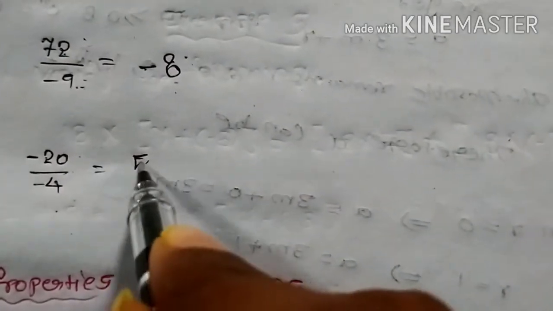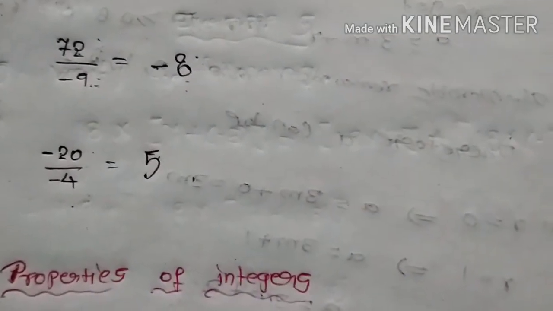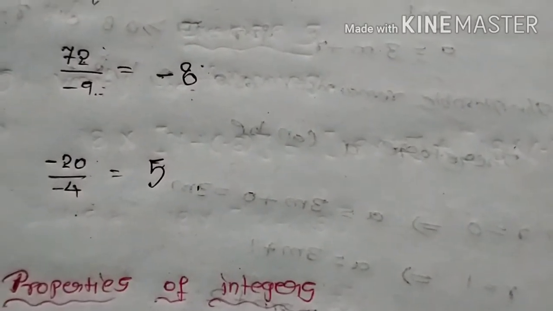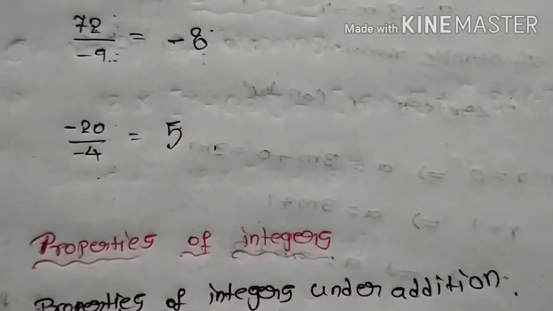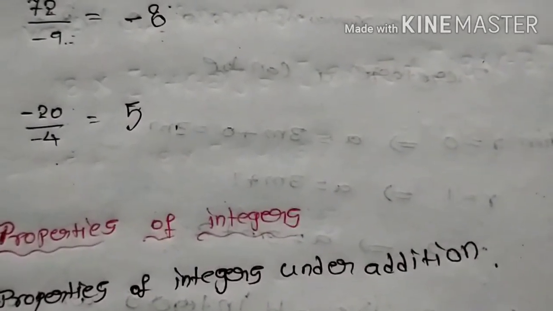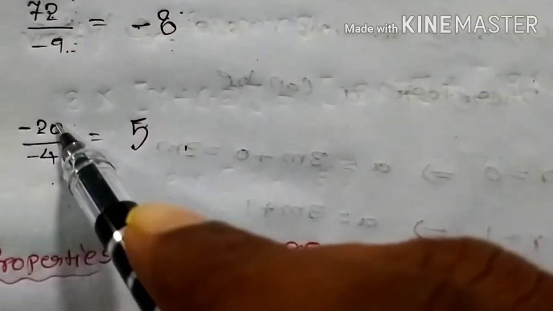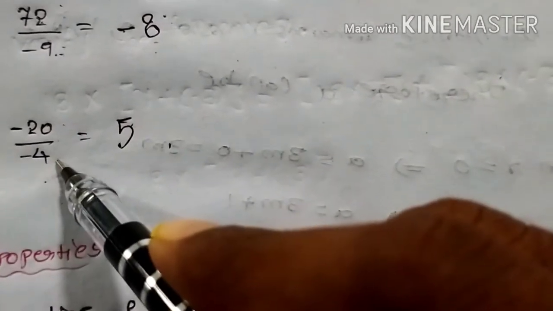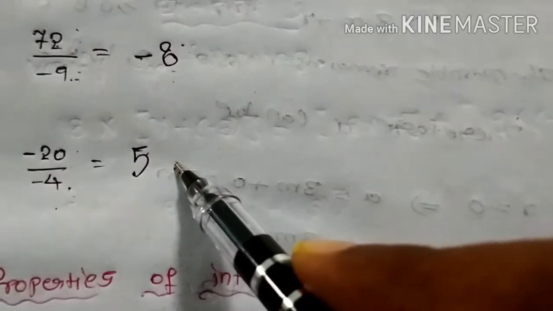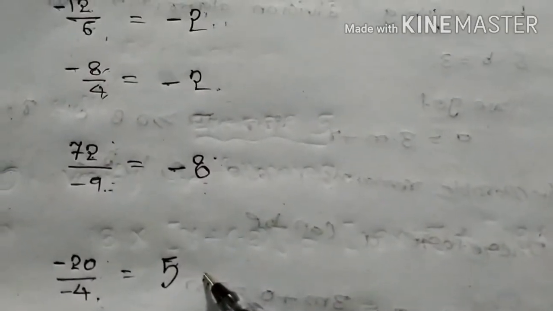You will get how much as your answer? 5 only. You will get plus 5. You can remember here, whenever we divide a negative integer by a negative integer, we will get a positive number as a quotient. You can just remember it very easily.